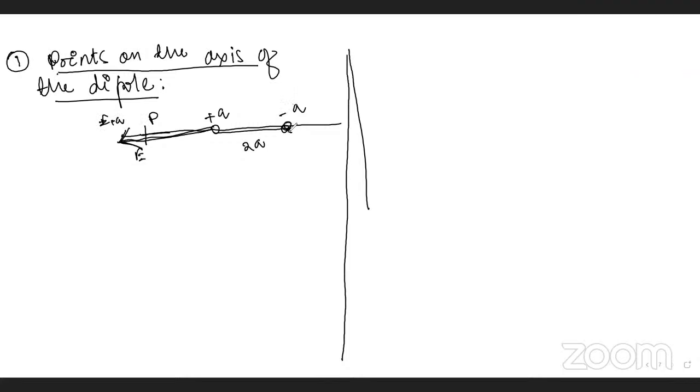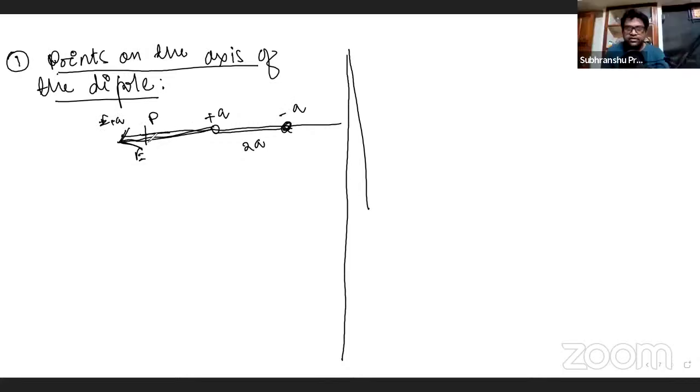And due to this minus charge, the field at point P will be towards the minus q, so we'll write this as E minus q. As both the vectors are in opposite directions, we'll subtract them. So E plus q and E minus q will subtract.